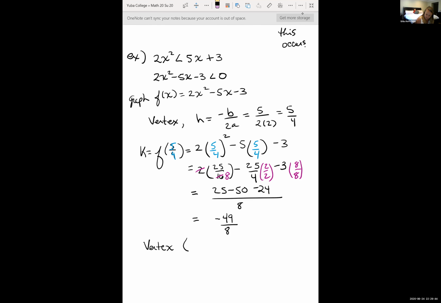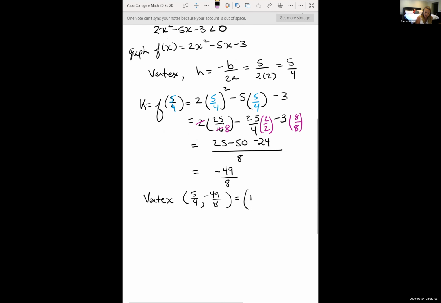Okay, so we found our vertex: 5/4 and negative 49/8. Plotting wise, it makes more sense to me to have it as a decimal or a mixed number. 5/4 is 1 1/4. Negative 49/8, what is that, 6? So that's negative 6 1/8.